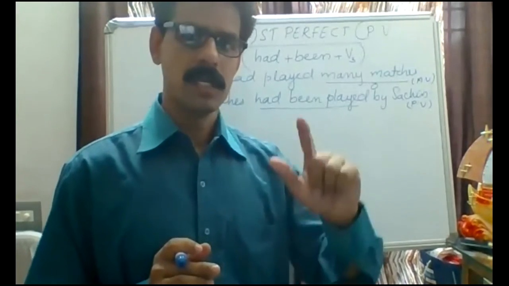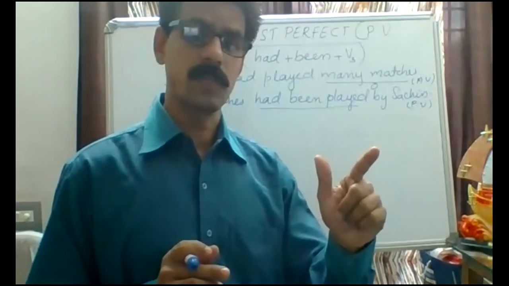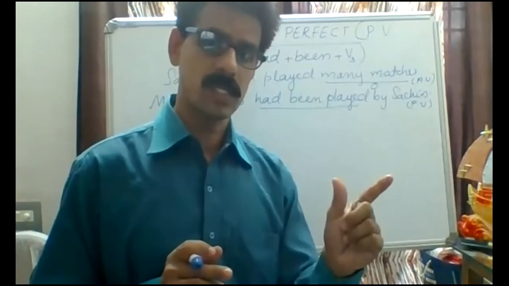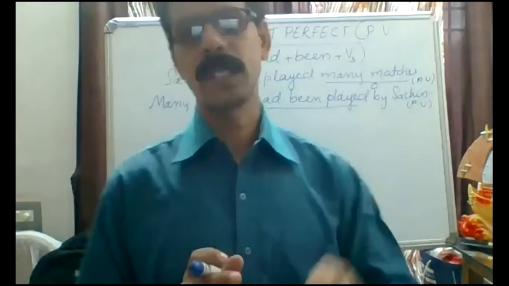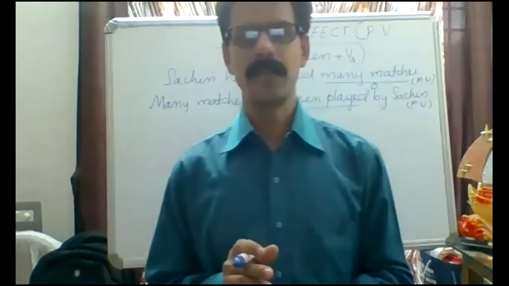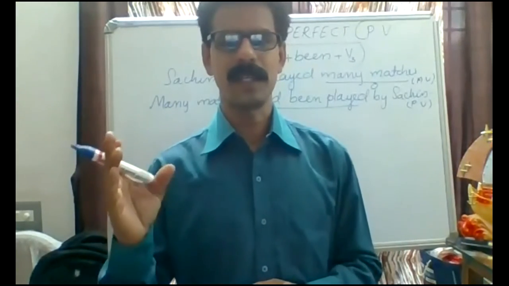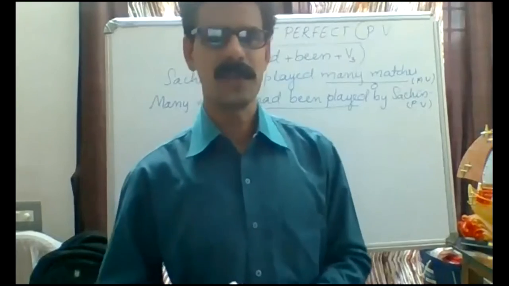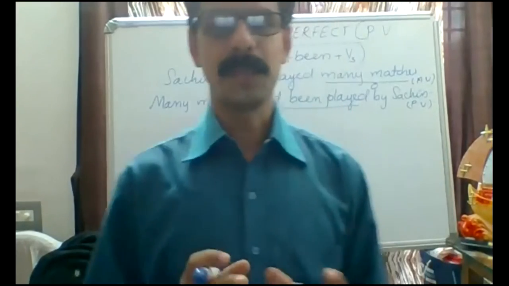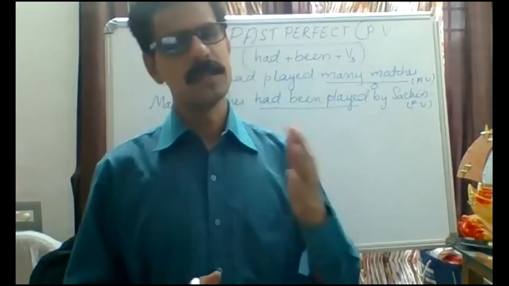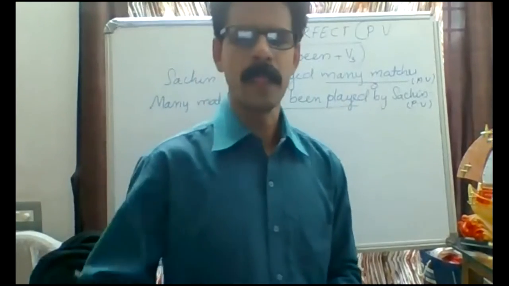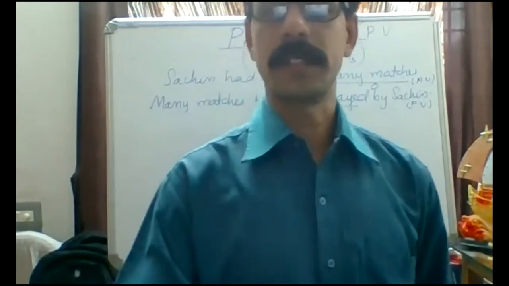Many matches is the object. Been played by Sachin. This is the way of writing the question, the question word question, WH question. So it's very simple. Construction is very simple. Already had is given, we just add had been. Had been we must use as it is.